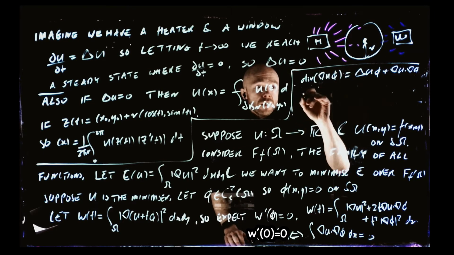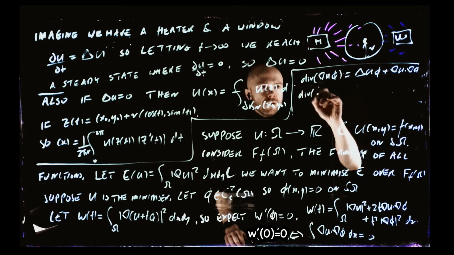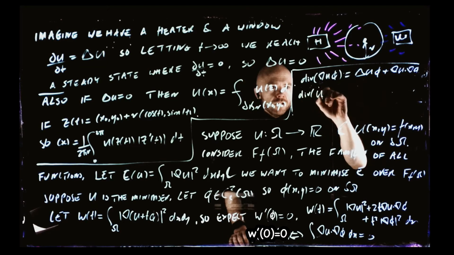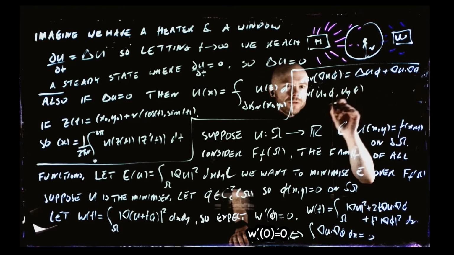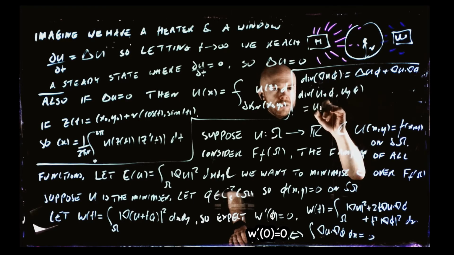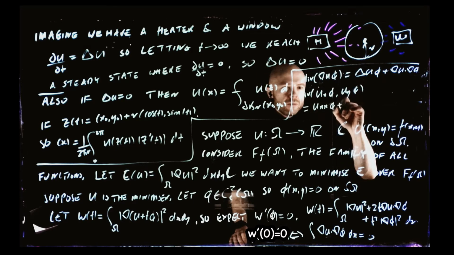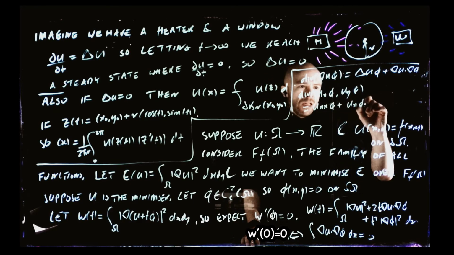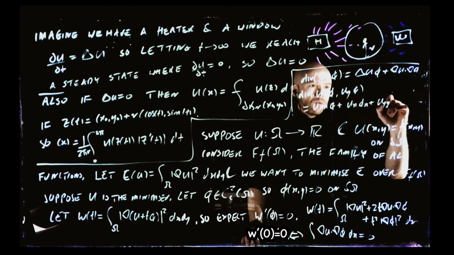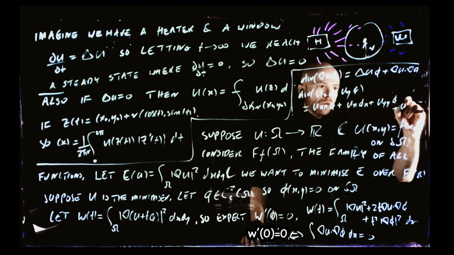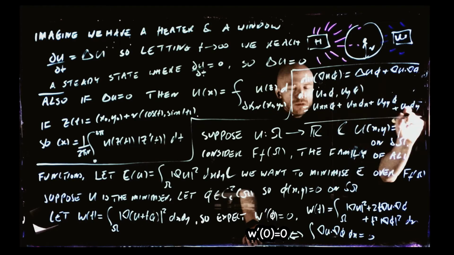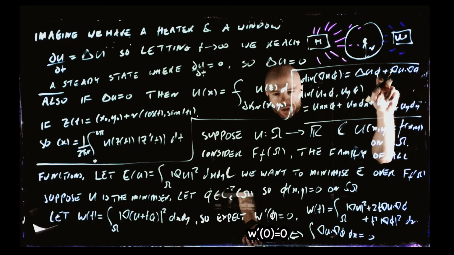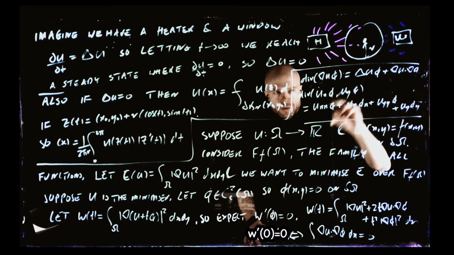Because divergence of the first coordinate functions u_x phi, u_y phi, we have u_xx phi plus u_x phi_x plus u_yy phi plus u_y phi_y, right? That is this calculation over here.